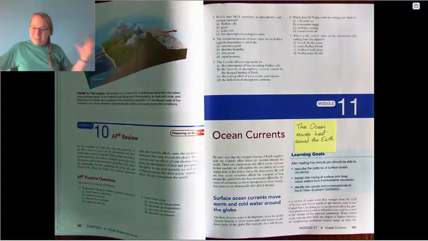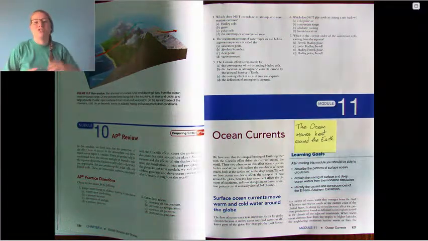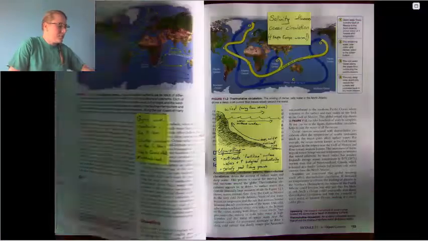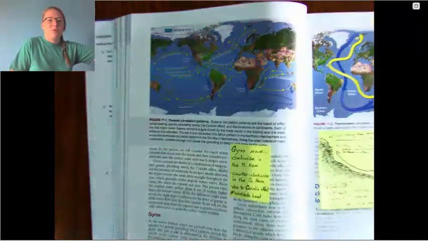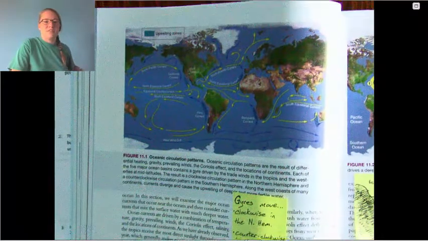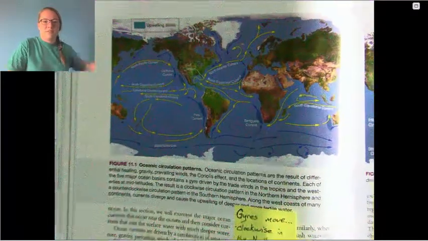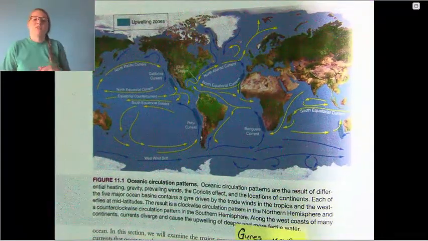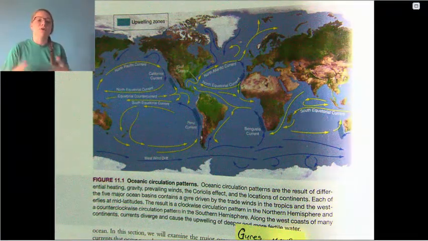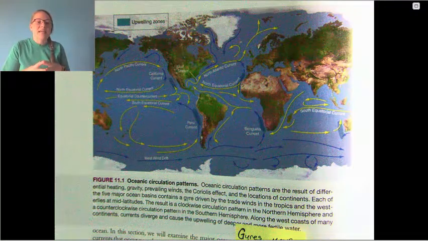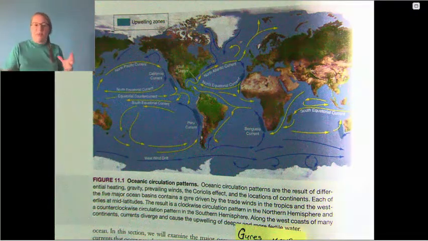The ocean does the same thing on a much larger scale. So the first thing we're going to look at are what are called ocean gyres. All right. So if you look at a map of the surface part of the ocean, you're going to see that it doesn't all just stay in one place.